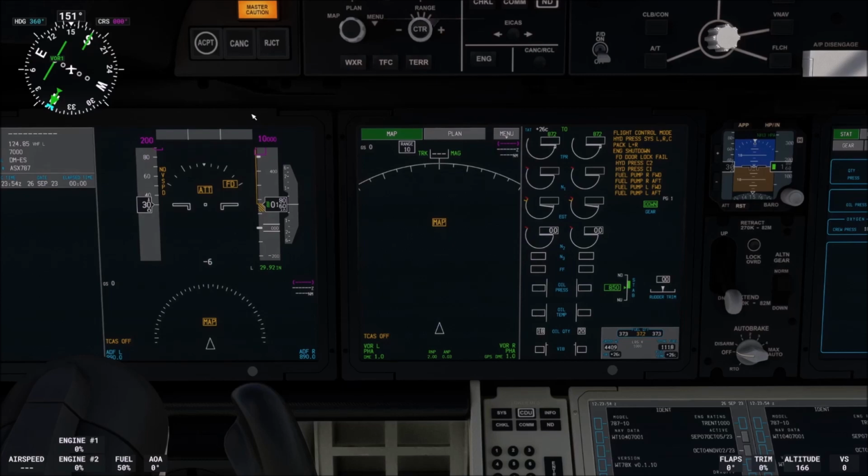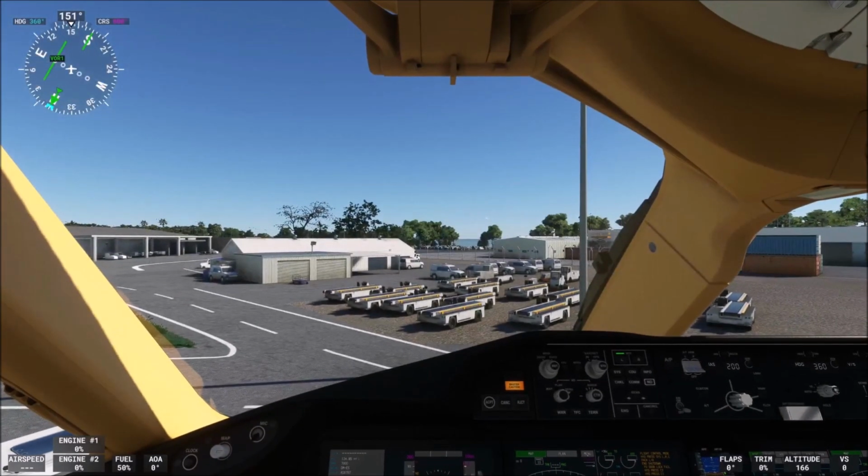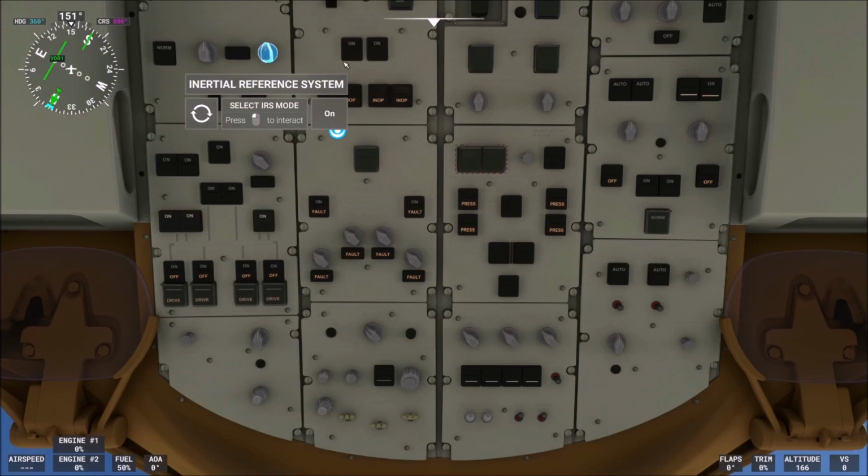In the beginning I couldn't fly the plane, and so Alt 1, this is my saved camera, CTRL plus 0, and we go here. This is the IRS system. You must initialize your position, and you set the 2 IRS knobs to on position, 1, 2.